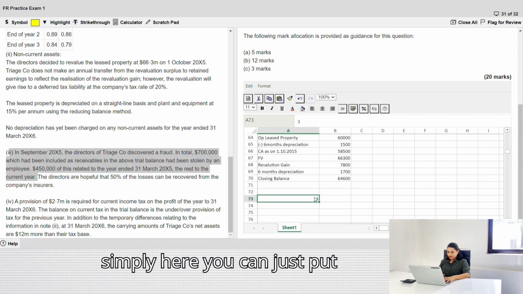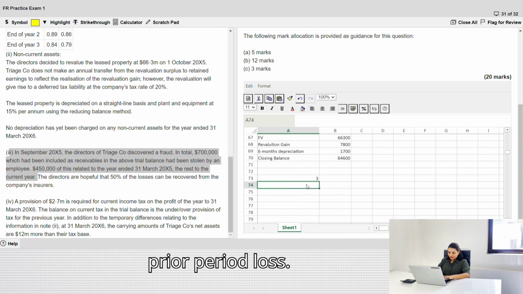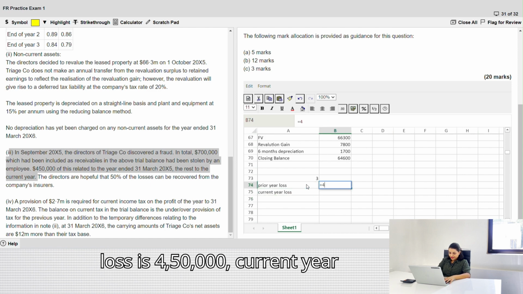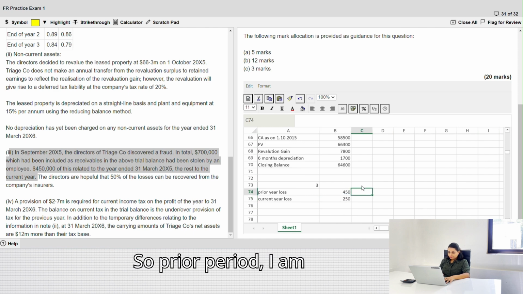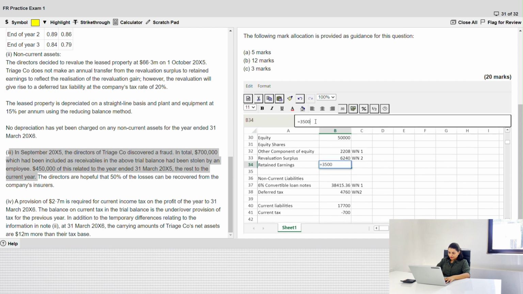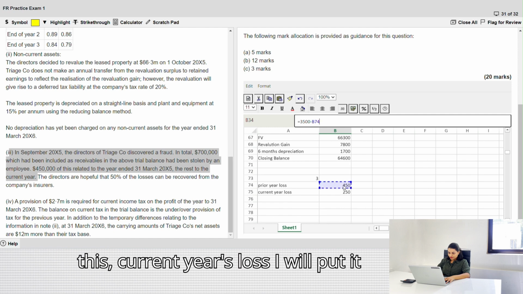So simply here you can just put prior period loss, current year loss. Prior period loss is 4,50,000, current year's is 700 minus 450, 2.5. So prior period, I am minusing it from my retained earnings, minus this.